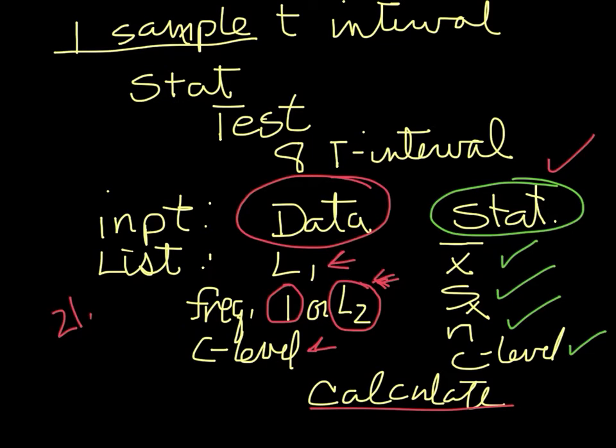If you have data, for instance like problem 21, then you want to put the data into the list, tell it what the frequency and confidence level is, and the calculator will then figure all these things out for us and give us the interval. So it'll actually list those things when it lists the interval.